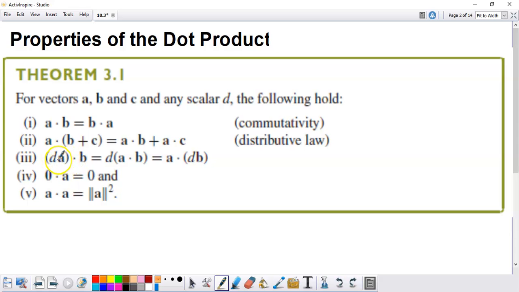So scalars, essentially, it doesn't matter where you do the scalar. It can multiply A, it can multiply B. You can do the dot product first and then multiply by the scalar at the end. When you do a dot product with any vector and the zero vector, your answer is 0. And if you do a dot product between a vector and itself, what you're going to end up with as your answer is the magnitude of the original vector squared.